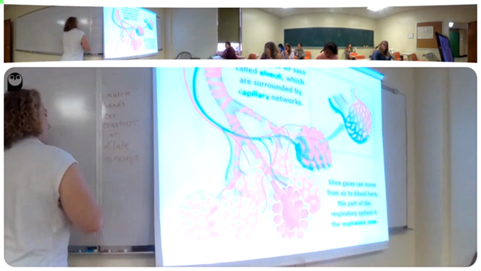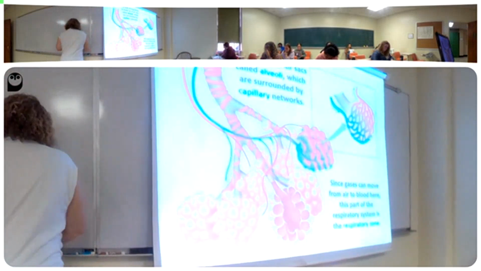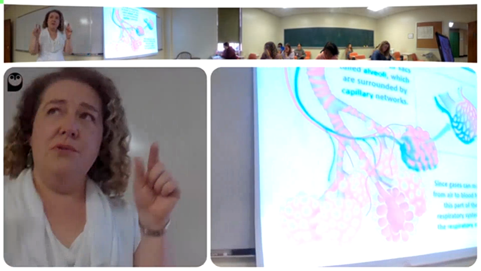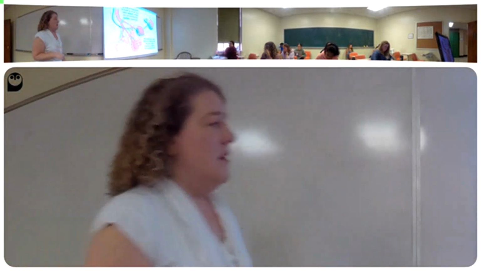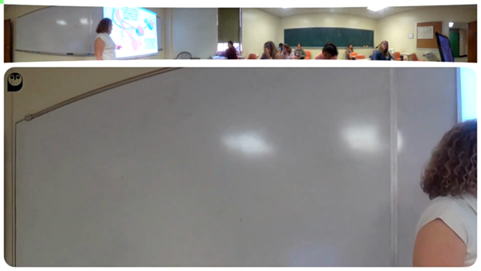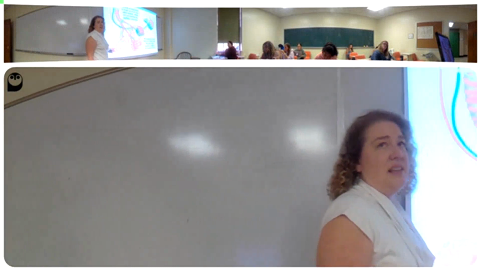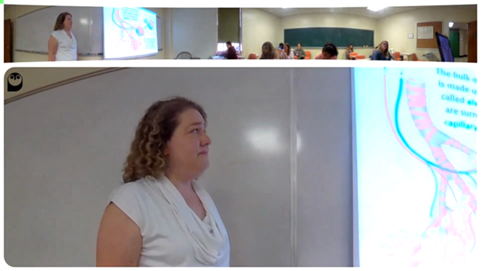So these bronchioles, the end sections of your airways, are connecting with actual lung tissue. And that's here in the pink. And these are the alveoli, or the air sacs.